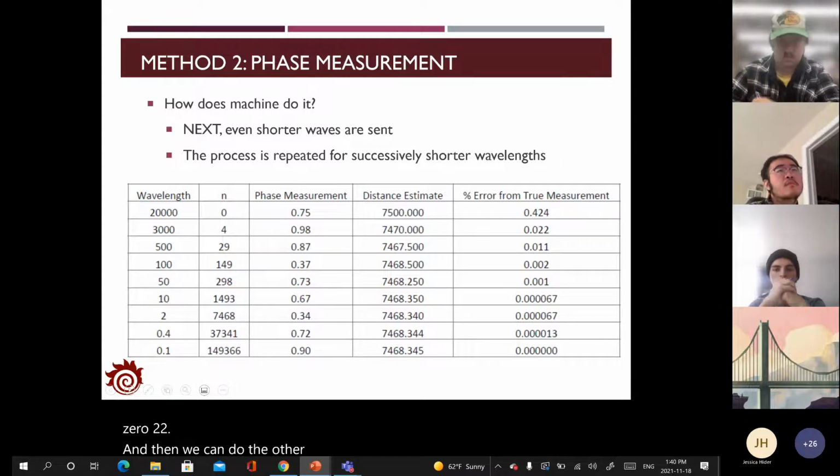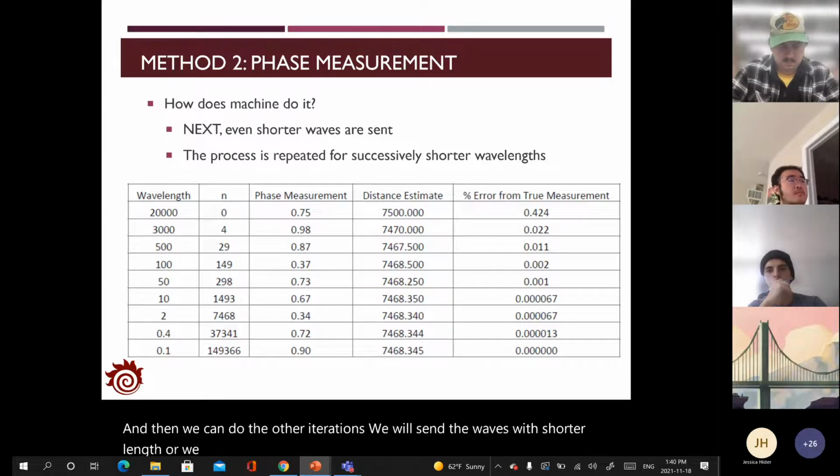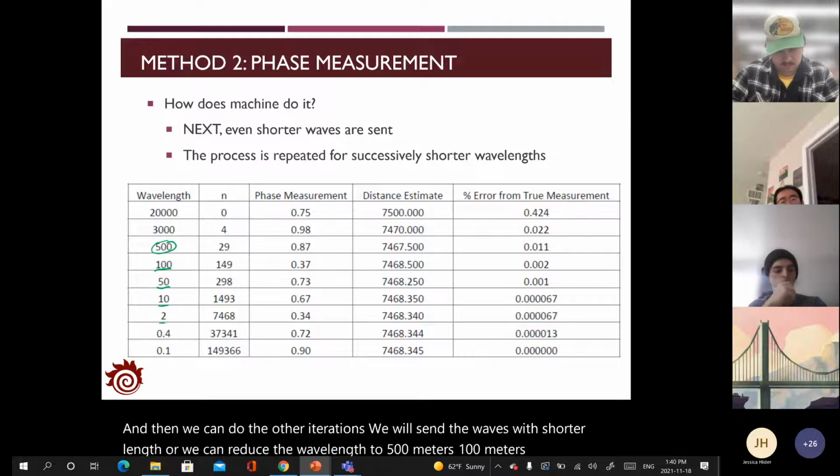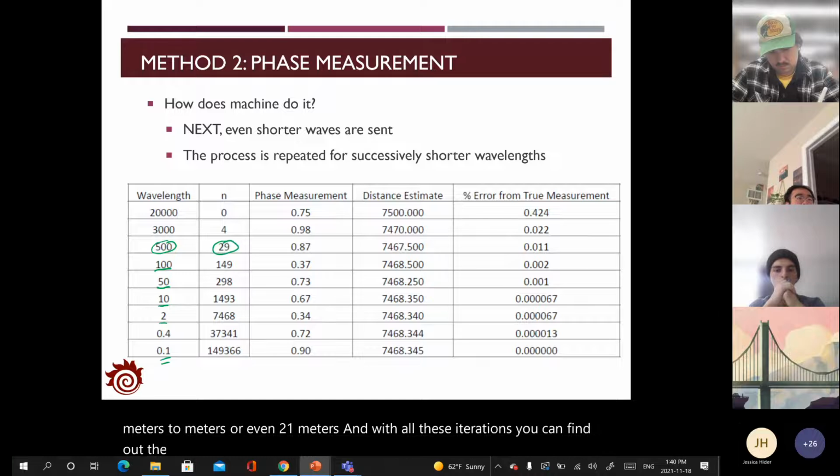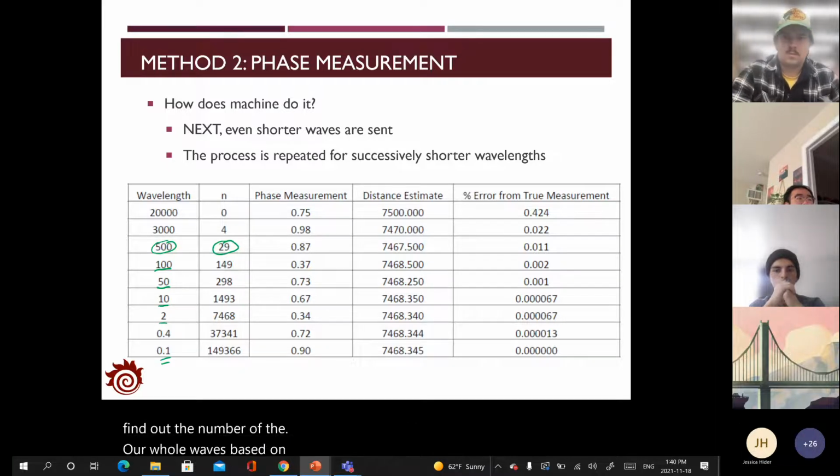We will send the waves with the shorter length. We can reduce the wavelength to 500 meters, 100 meters, 50 meters, 10 meters, 2 meters, even to 0.1 meters. And with all these iterations, you can find out the number of the whole waves based on the calculation as shown in the second iteration.